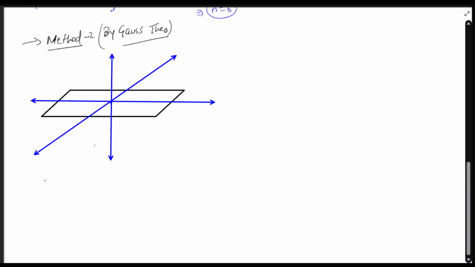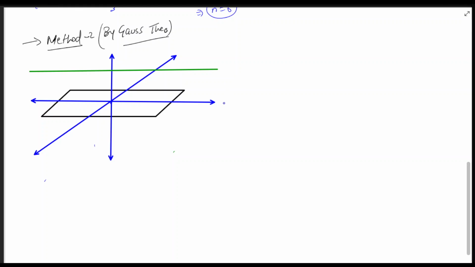And this is our wire. This was our y, x, and z. Now let's use the Gauss theorem here. I'm making a cylinder around this, which passes through the corners of these. Okay, so let me make the cylinder.